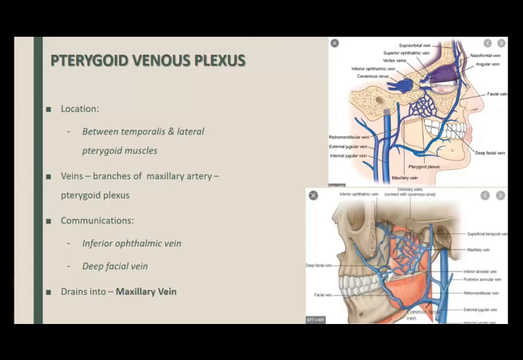The superficial temporal and maxillary vein join together to make the retromandibular vein. Maxillary vein कहाँ से आती है बेटा? Maxillary vein pterygoid venous plexus से आती है. ठीक है, ये प्लीज आप याद रखिए.